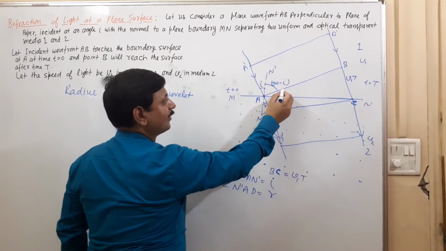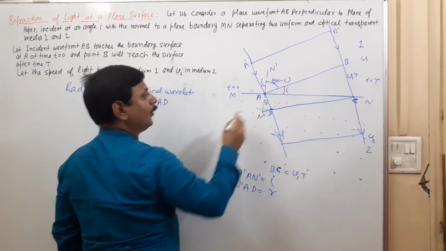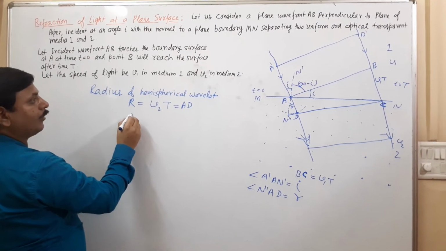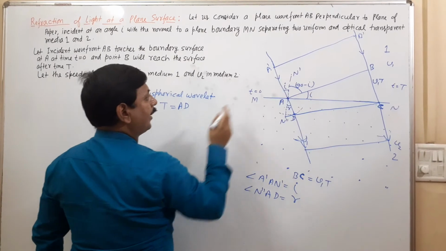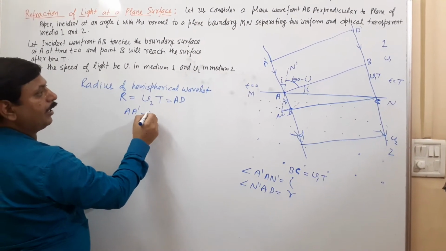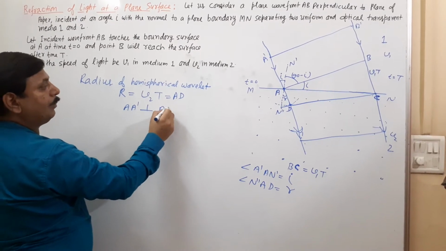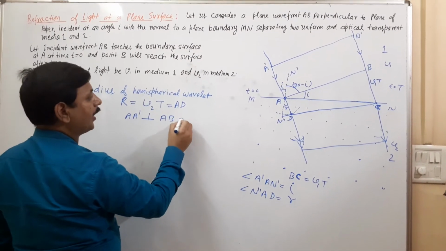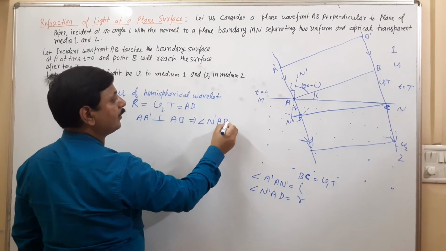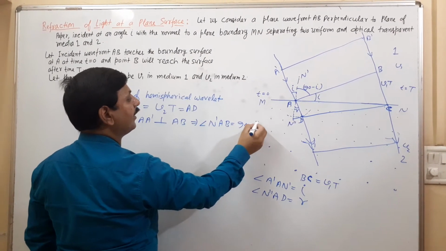From the figure, A dash A is perpendicular to AB. That's why angle N dash AB is equal to 90 minus i.